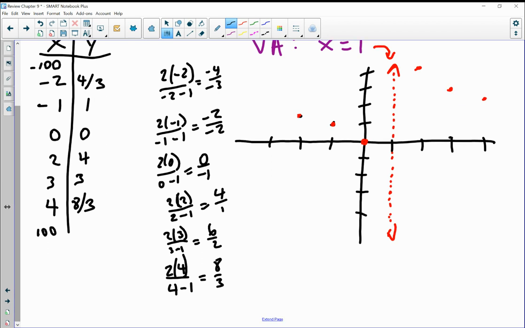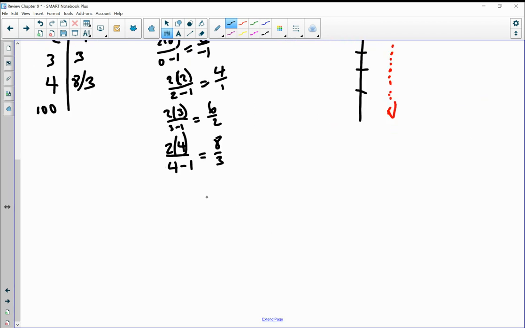So for -100, that would be 2 times -100 over -100 minus 1. So -200 over -101. That'll give us a positive 200 over 101.